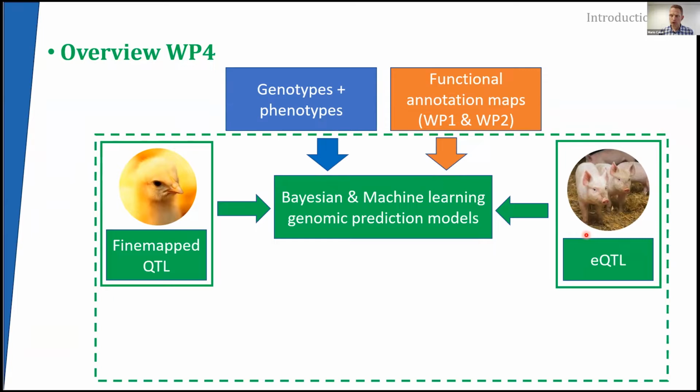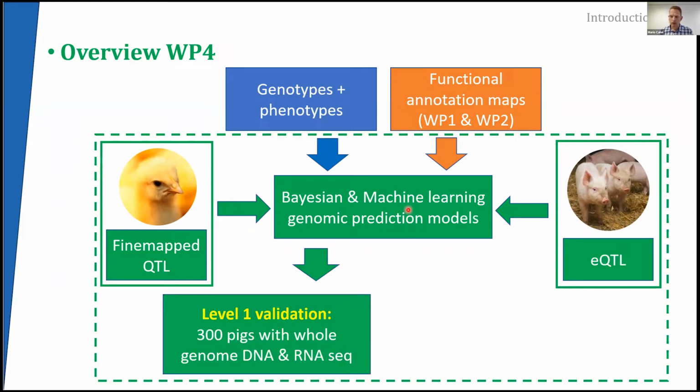So now, once we have all this additional information in place, and also these newly developed or extended models, then we're going to combine this to validate the models. We're going to do that at 2 levels. The first one we call the level 1 validation, where we have 300 pigs available with whole genome sequence data, but also gene expression that's generated within the project.